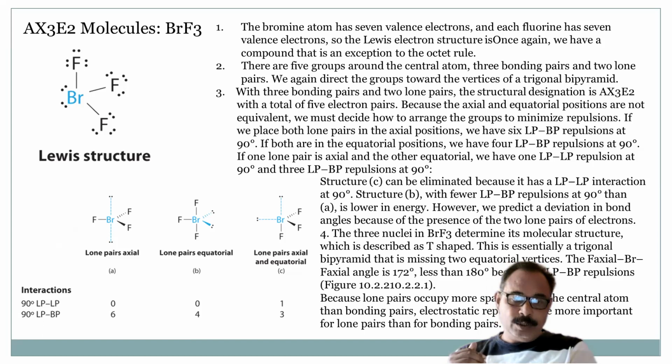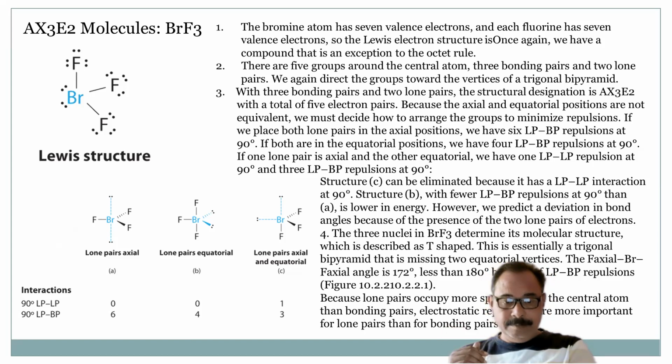If we place both lone pairs in the axial position, we have 4 lone pair-bond pair repulsions at 90°. If one lone pair is axial and the other is equatorial, we have one lone pair-lone pair repulsion at 90° and 3 lone pair-bond pair repulsions at 90°.